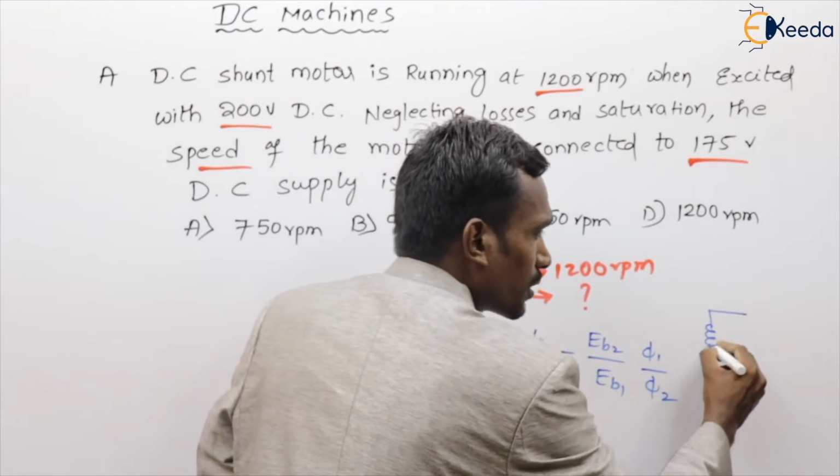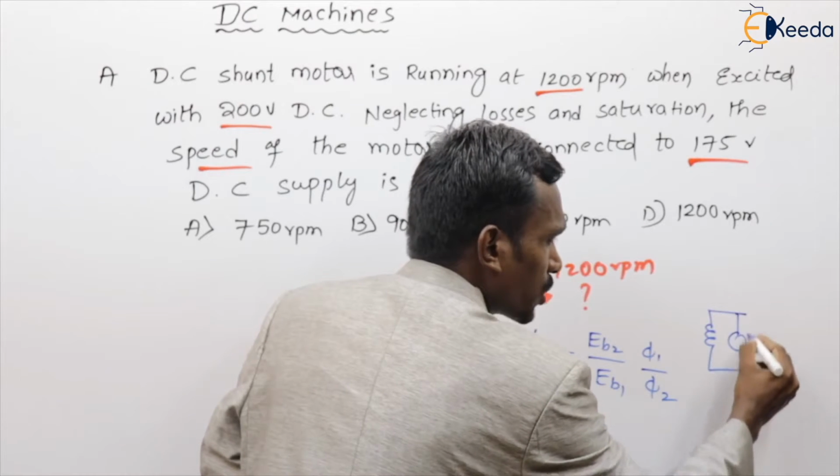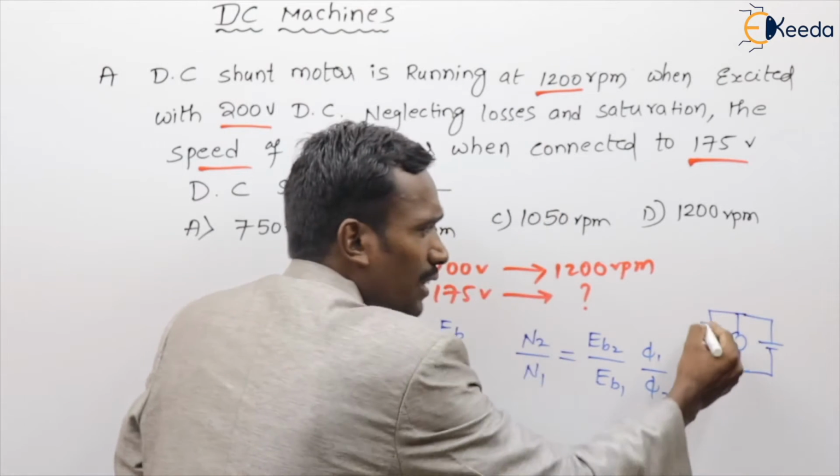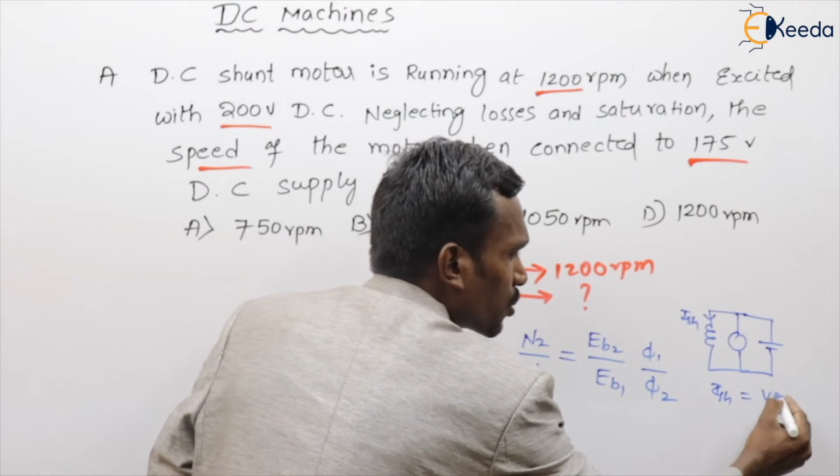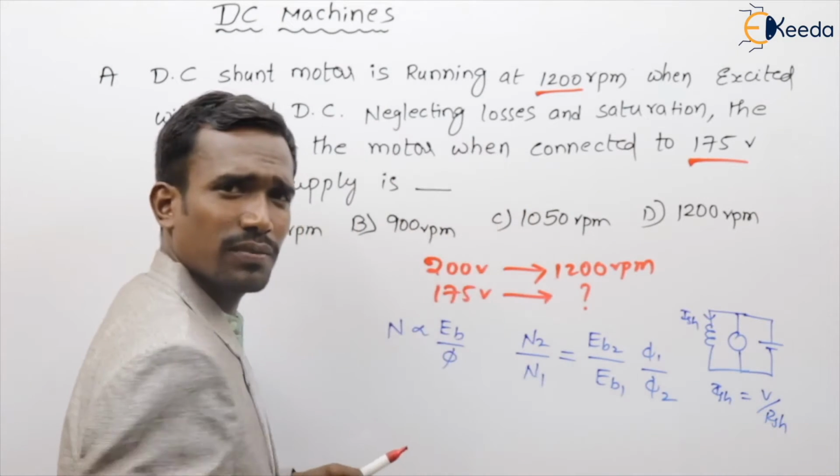The back EMF reduces and the flux also reduces in equal proportion. Because in a shunt motor, the current in the shunt field, ISH, is equal to V by RSH.